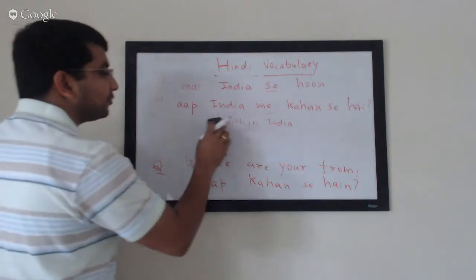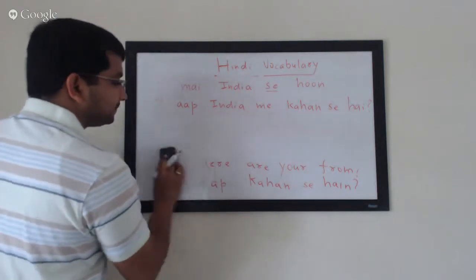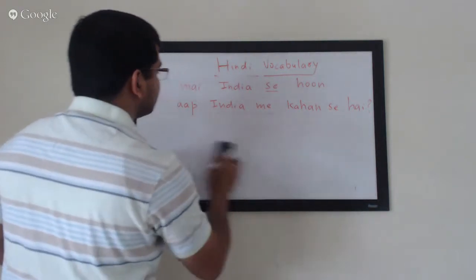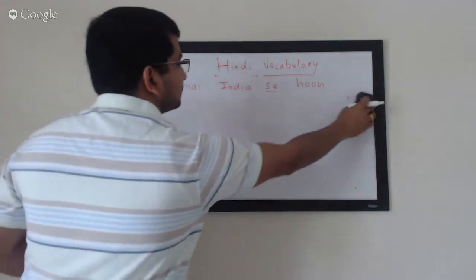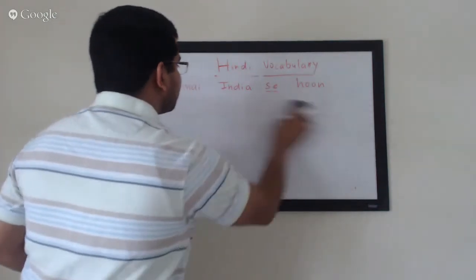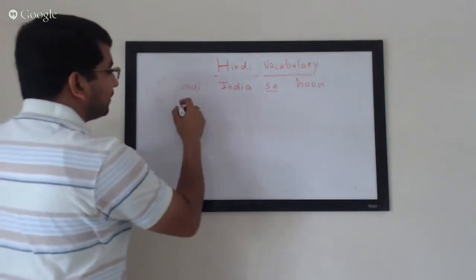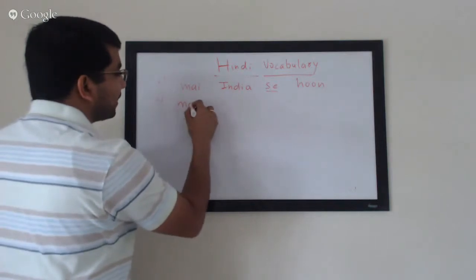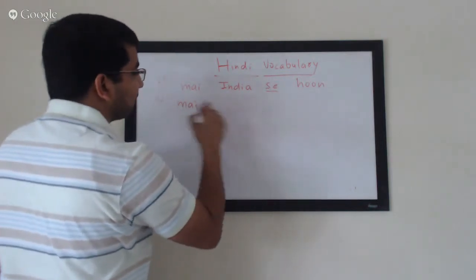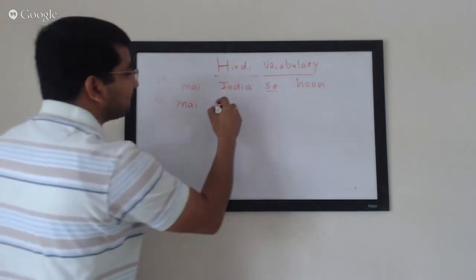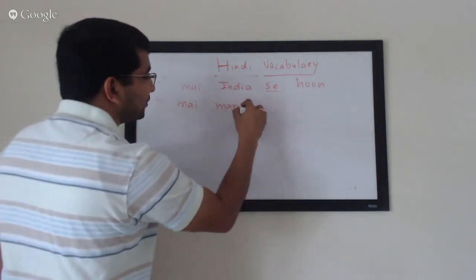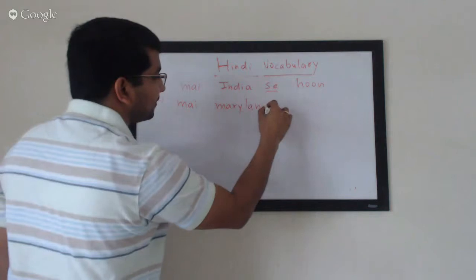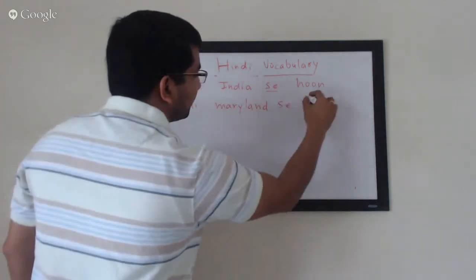So the answer would be, I'll just pick a state here, so that way you'll know. मैं, let's say Maryland. Maryland is a state here in the US, right? So मैं Maryland से हूँ.